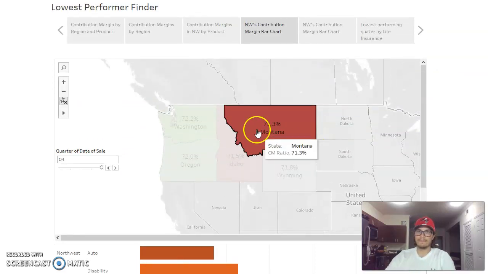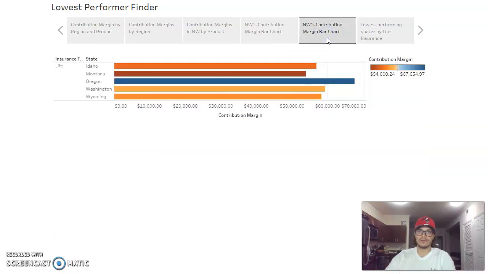Moving forward, we'll look at Northwest contribution margin bar charts. Again, it was clear, or in this case maybe redundant, to say that life insurance is the product we're trying to measure since it's our lowest performer.